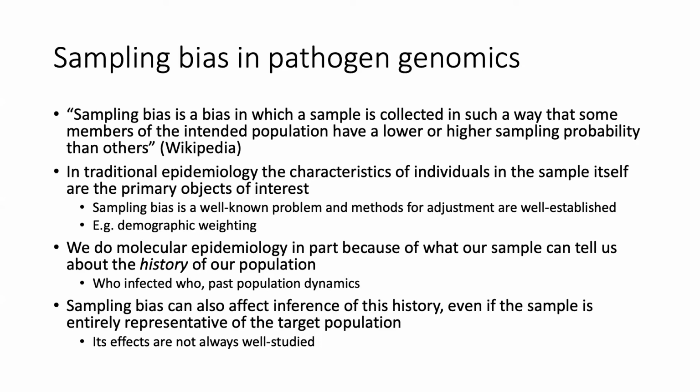And using that, we look at who infected who and past population dynamics and so on. So it's not just our sample we're interested in, it's also the history of our sample. And sampling bias can also affect the inference of that history, even if the sample you've taken is entirely representative of the target population. And the effects of sampling bias on this kind of analysis are perhaps not quite so well studied.